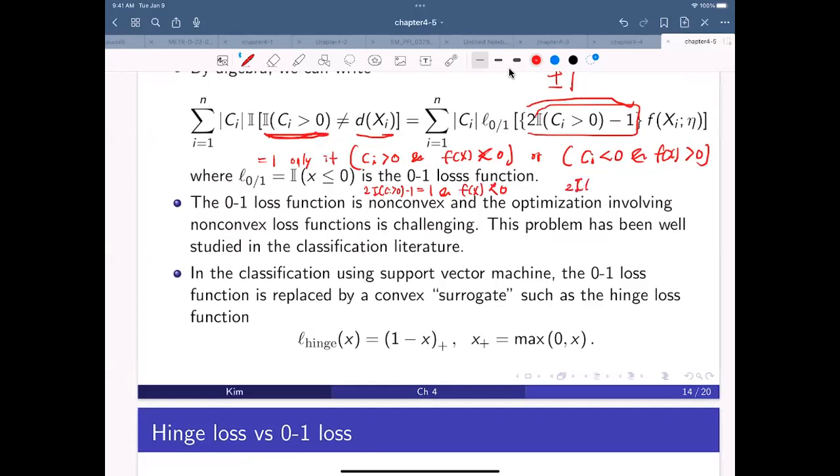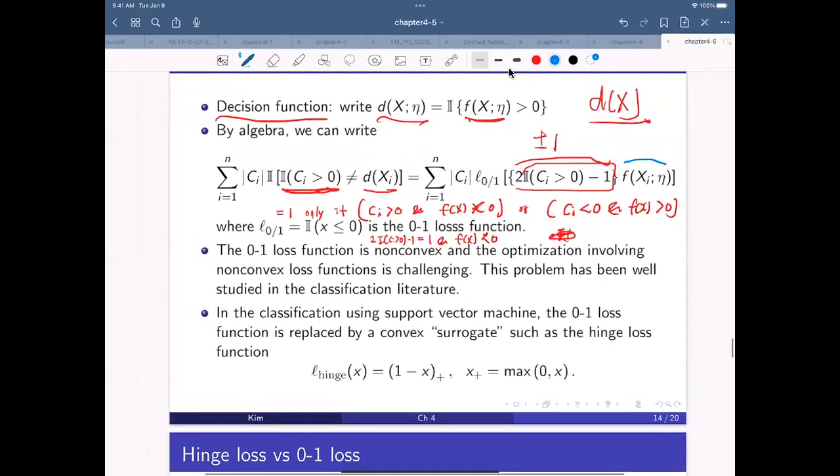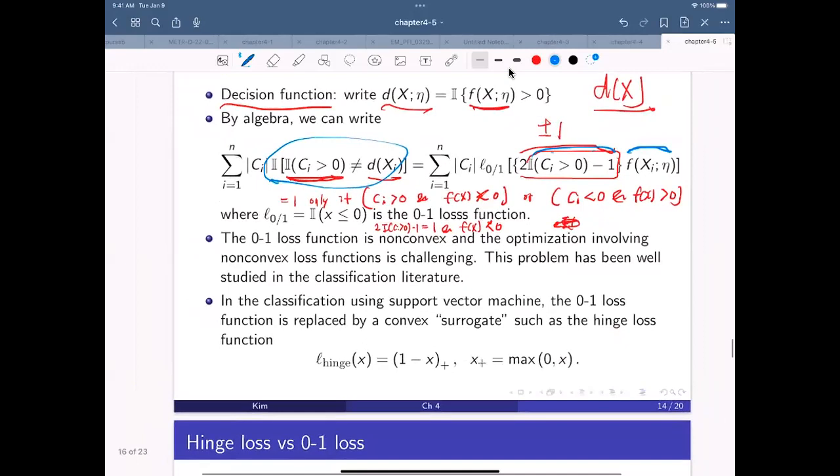Basically, we want these two products: if the product is negative, then we get plus 1 here. That is basically the idea.